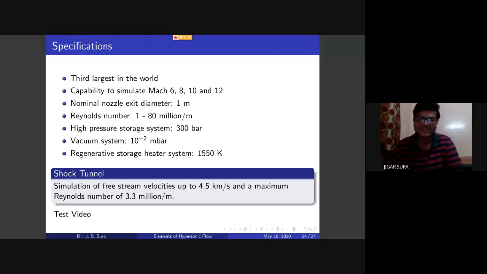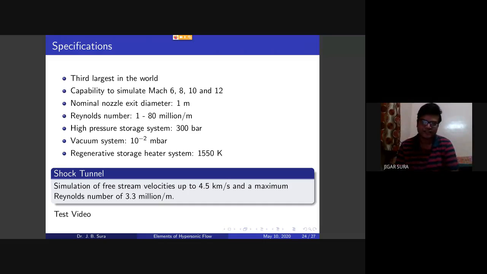Capability to simulate 6, 8, 10 and 12 Mach number. Nozzle exit diameter, as I said, 1 meter. Reynolds number range is 1 to 80 million per meter. Storage system is 300 bar and vacuum system is 10 to the power minus 2 millibar. So you can take the ratio of pressure, 300 bar divided by 10 to the power minus 5 bar. That much of pressure ratio. And just find out the Mach number if you want to calculate.